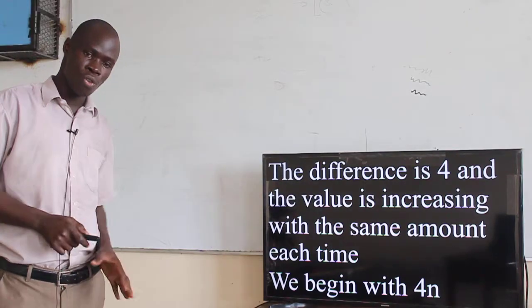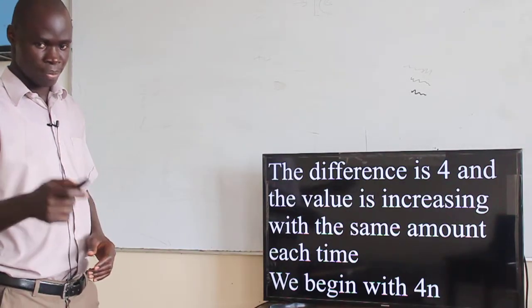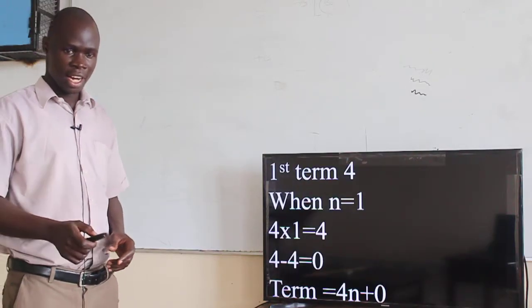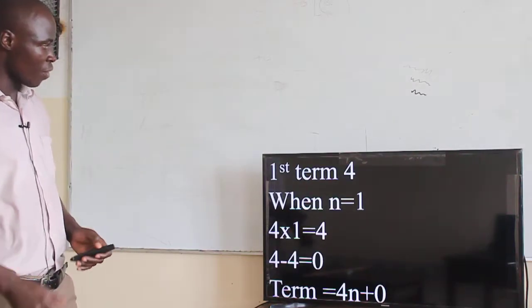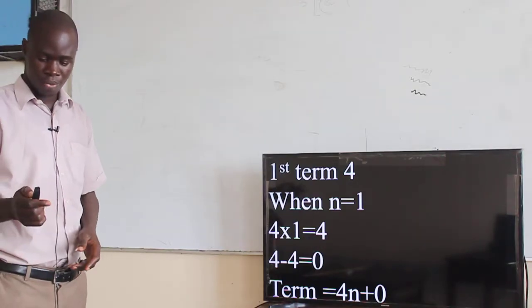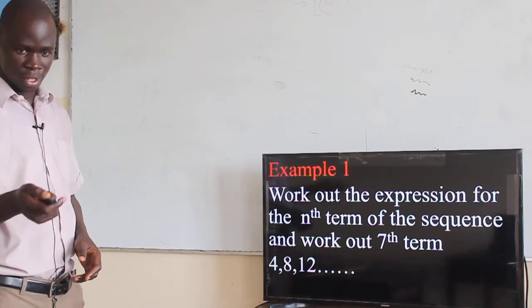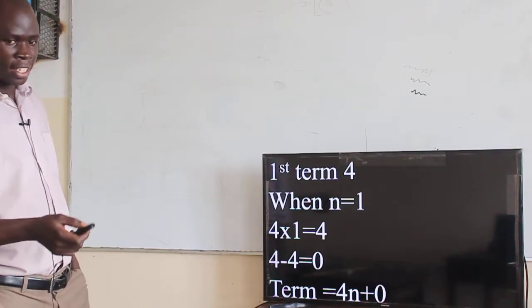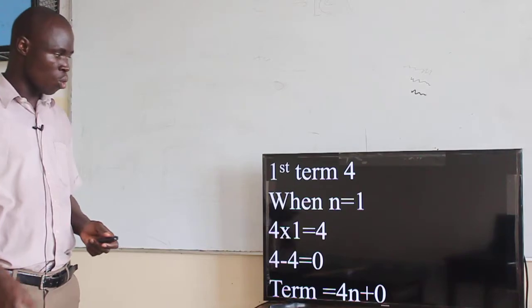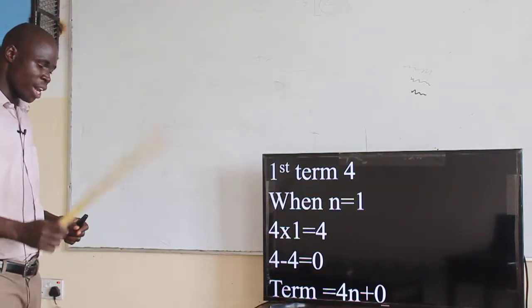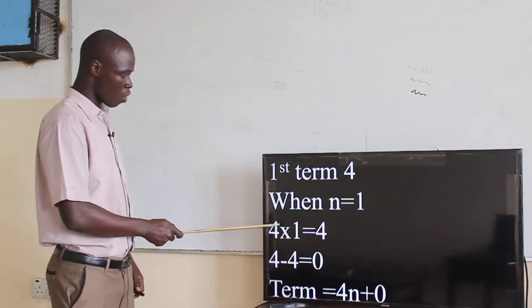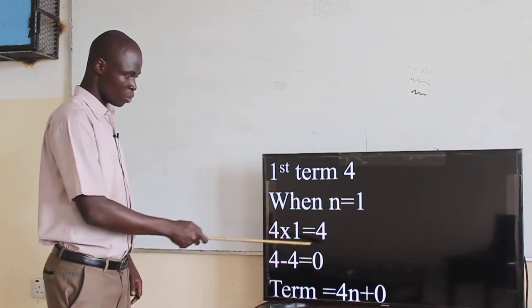Since it's increasing by 4, we are going to begin with 4 times n. So we begin with 4n. Now, after that, we go to the first term. The first term here is 4. Now we want to calculate the value of 4n when n is 1. 4n, when n is 1, we take 4 times 1, equal to 4.